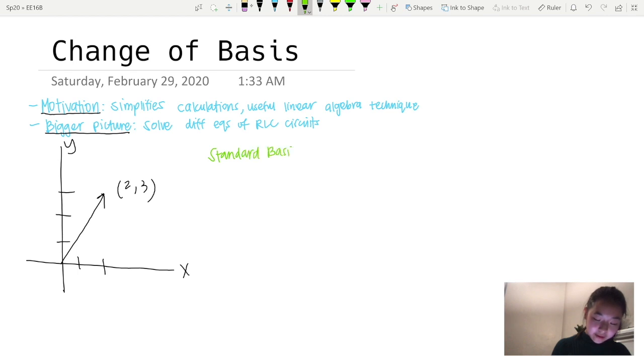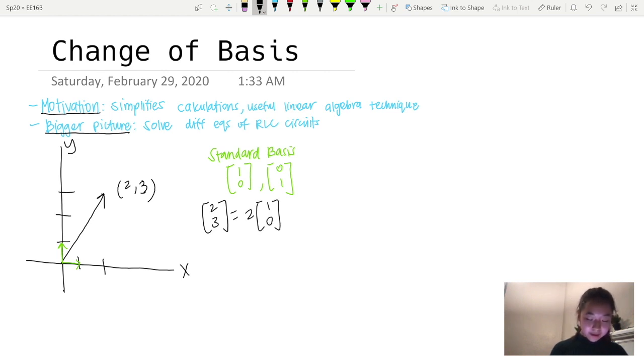This basis relies on the two vectors (1, 0) and (0, 1). So based on this, if you were to describe (2, 3), a way that you can represent it in this basis is taking 2 times the first basis vector plus 3 times the second basis vector.